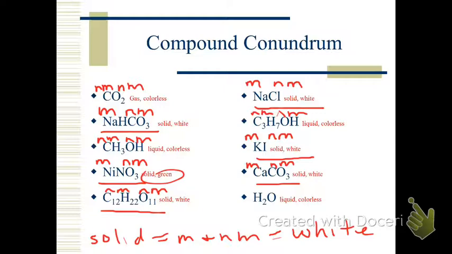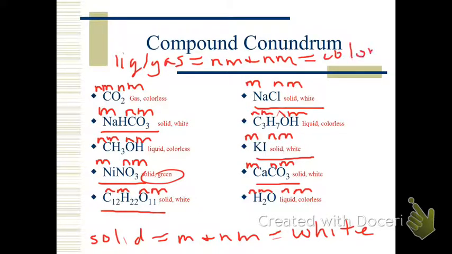H is on the left-hand side, but it's a nonmetal and a nonmetal. Okay, so if it is a liquid or a gas, it's probably going to be a nonmetal and a nonmetal. And if I had to guess what color it was, I would say it actually doesn't have a color. So colorless is what that looks like.